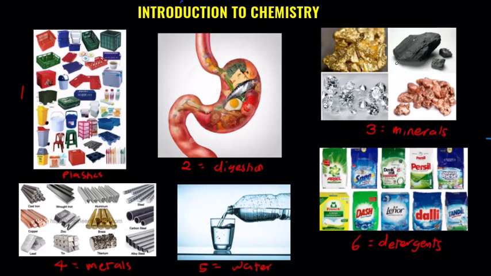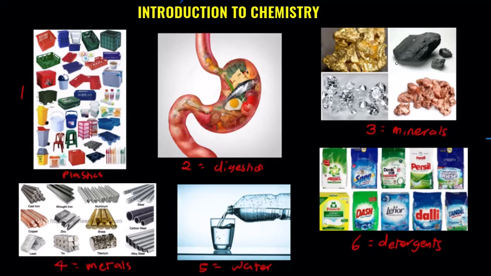I want you to pause for a moment and critically look at the items displayed on the screen. I believe these are items we've seen before, because they are found in our environment. Our homes are full of items like this.